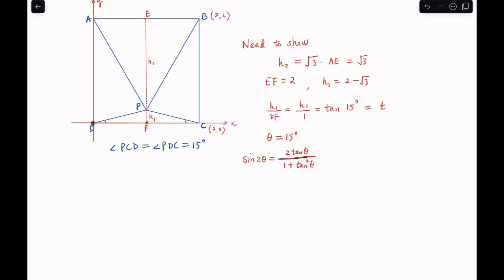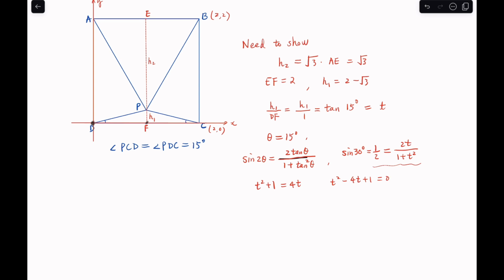Right here, of course, tangent theta is equal to T. So we plug in sine 30 degrees, which is 1/2, equals 2t over 1 plus t squared. So you're going to have a quadratic equation from here, which is t squared minus 4t plus 1 equals 0.